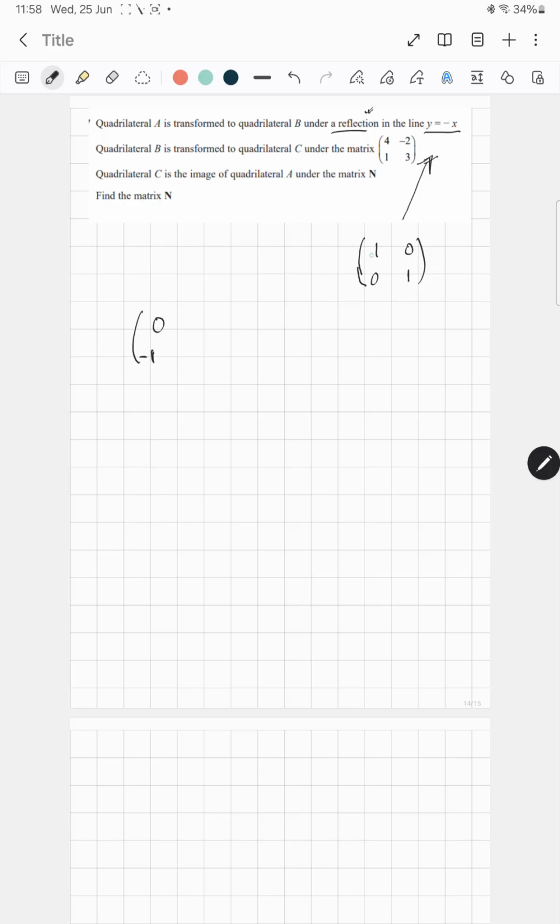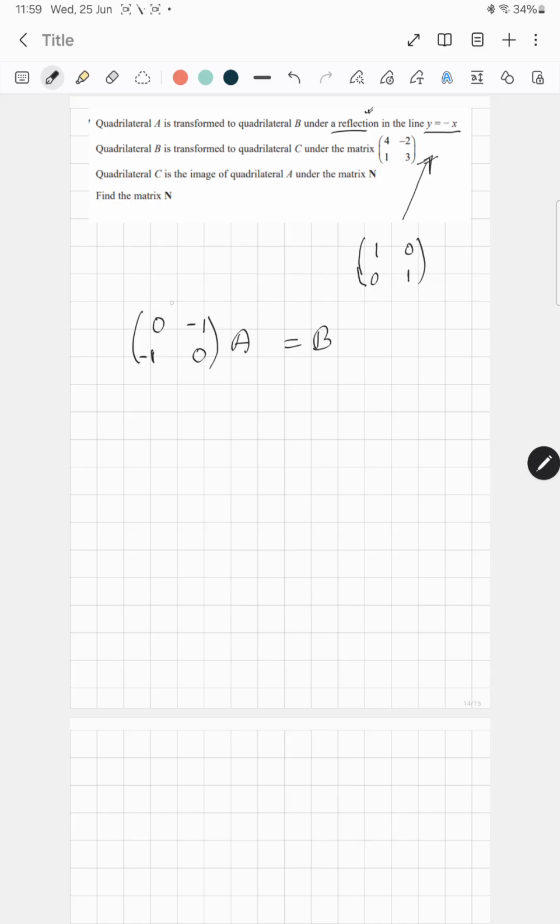Now 1 0 will become minus 0, minus 1, but minus 0 and positive 0 are the same thing, so I'm not putting a minus in front of 0, and here it will be minus 1 0. So this is based on the y equal to minus x reflection. This vector becomes this vector, and if you multiply this vector with A, then you will get B. That is the first information given.